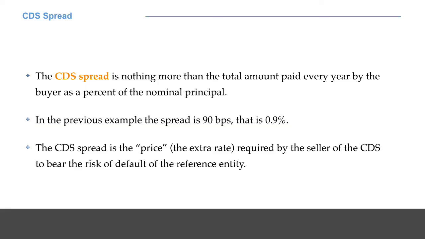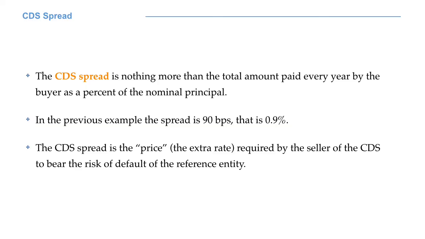In our example, the CDS spread is 0.9%. This spread is nothing more than the extra rate required by the seller of the CDS to bear the risk of default of the reference entity.